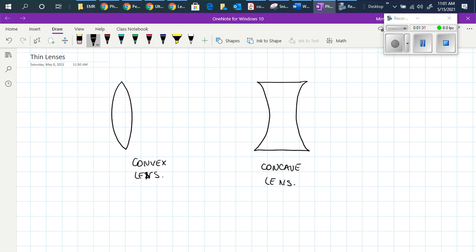The convex lenses are able to collect all of the refracted rays into one point.